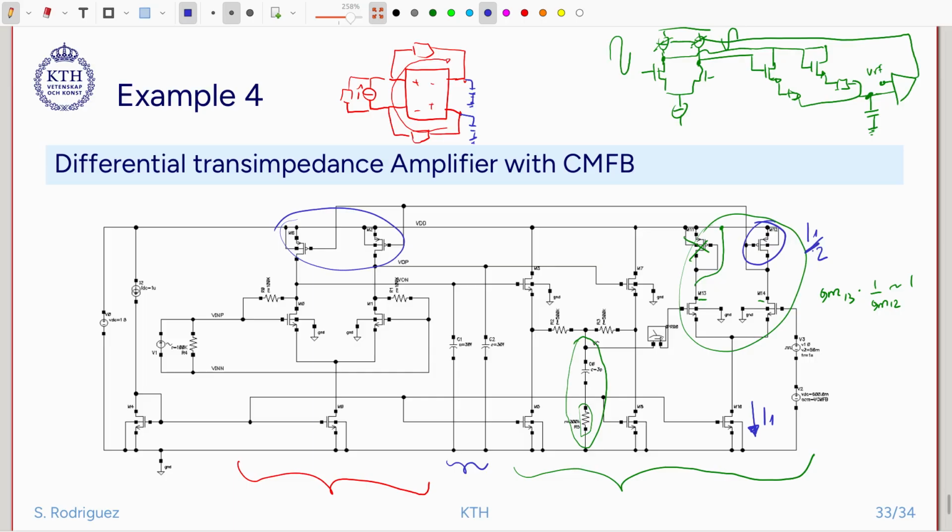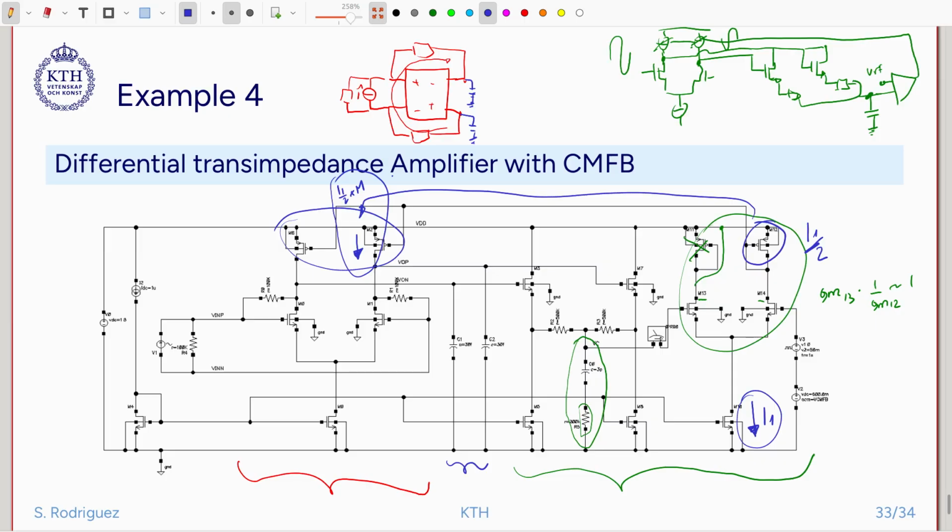Okay, so this is I2, and this is basically a current mirror. So this will be I1 divided by 2 times M, and this is the current that I want to pass here. So I dimension this current based on the current that I want to pass here.